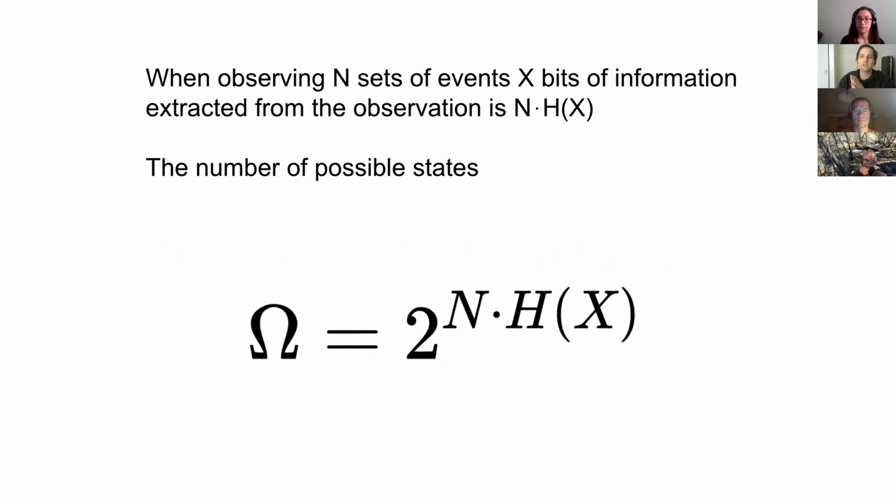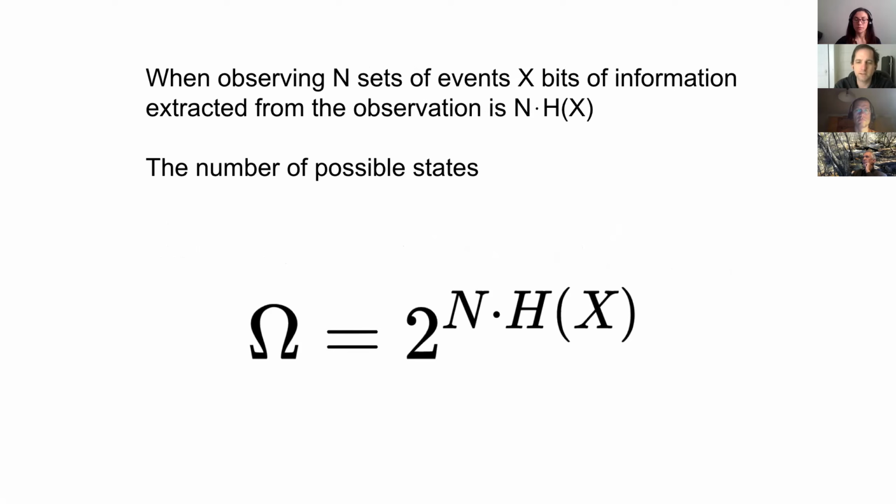And then from there, if we want to know the number of possible states of a full system, then we have this power function, and this is considering specifically information, a binary system.